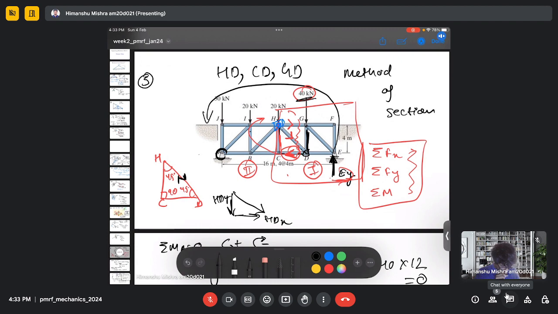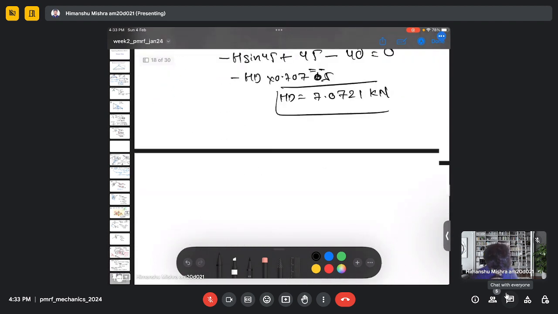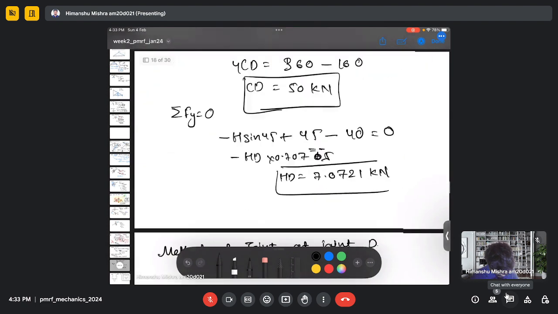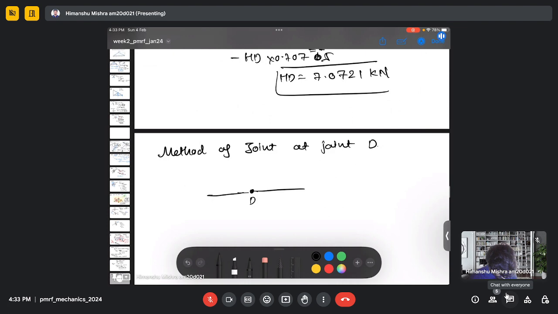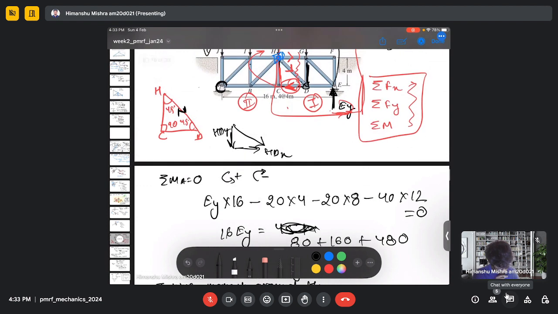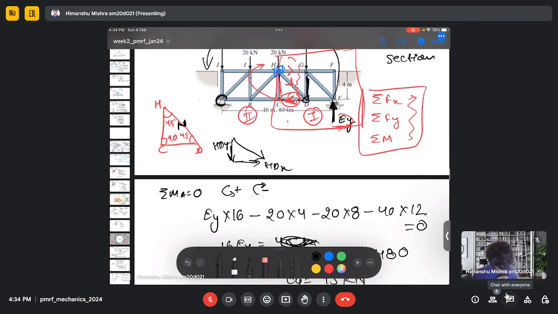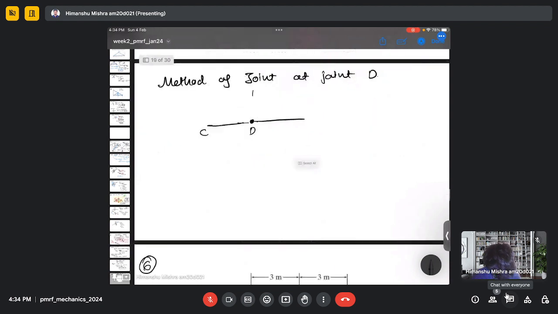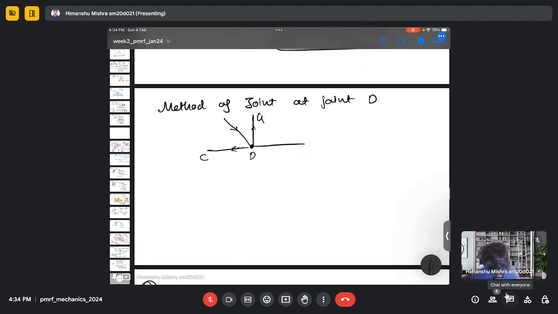So now we need to find the GD. So we can now consider the method of joint at joint D. So I have here D, this is my C, and this is G, and this is my H, 45.